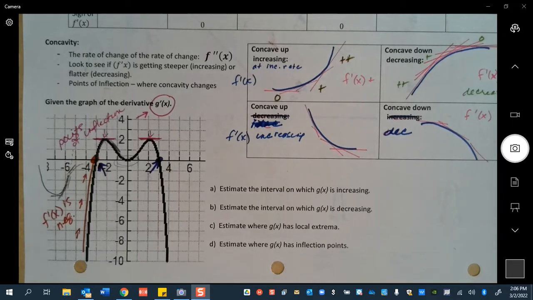Once my derivative graph hits 0 and switches from being positive to negative, I know I have found a minimum or a maximum.